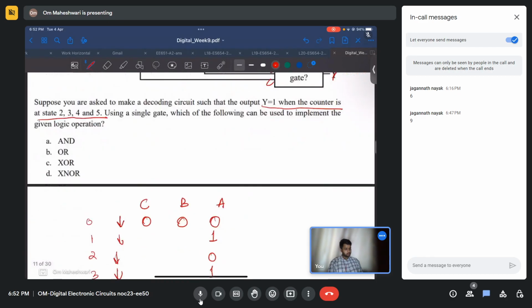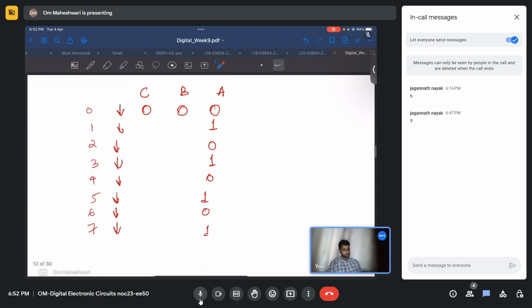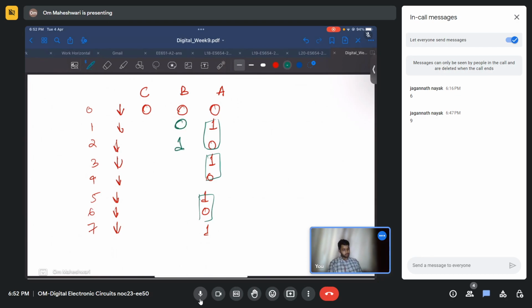Whenever A goes from 1 to 0, then B will flip. Only then will this clock be active and B will flip. Those transitions are 1 to 0. On 0 to 1 it will remain as it is, and on 1 to 0 it will flip.